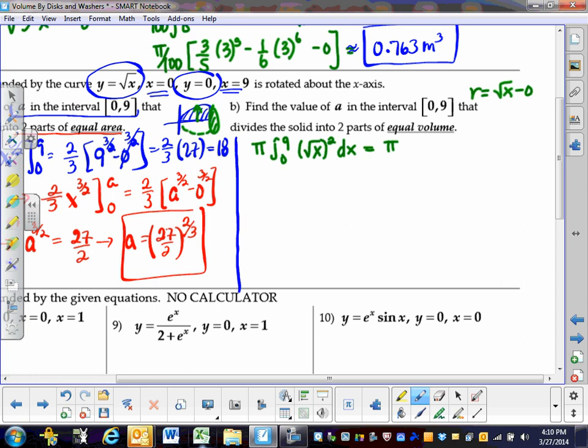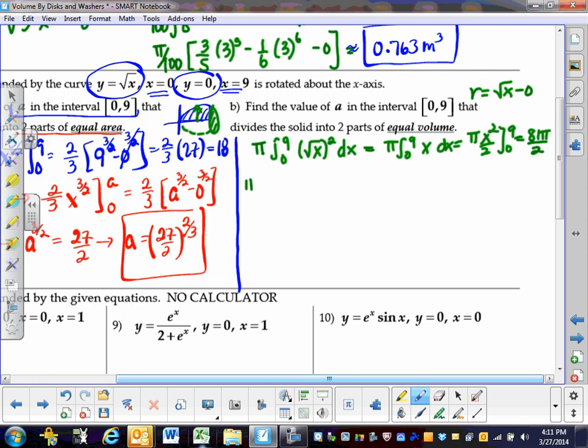But that's pi 0 to 9 x dx. So that's pi x squared over 2 from 0 to 9. So the total volume is going to be 81 pi over 2.